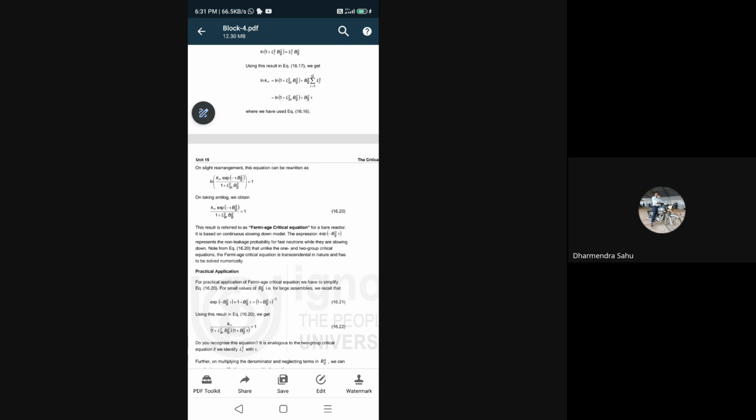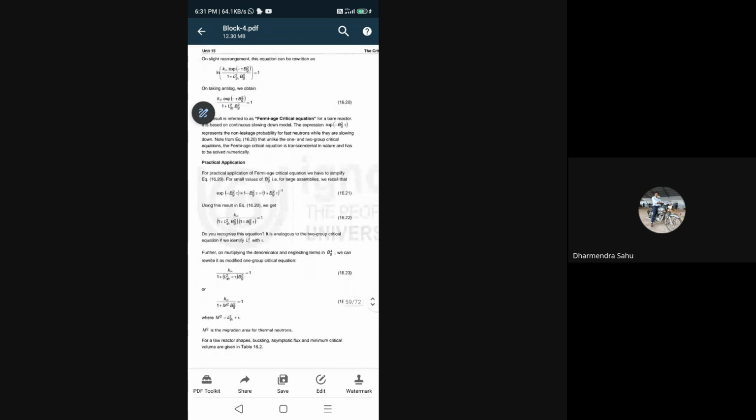Unlike the one and two group critical equations, the Fermi age critical equation is transcendental in nature and has to be solved numerically. So what are the practical applications? For practical applications of the Fermi age critical equation, we have to simplify the equation k infinite exponential minus tau Bg square by 1 plus L thermal square Bg square is equal to 1.